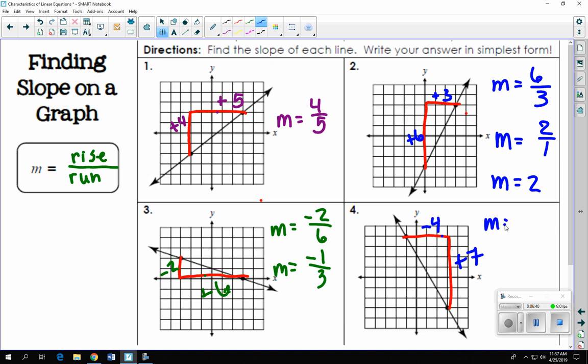My slope becomes negative 7 over 4. And all I did was take the negative and put it in my numerator here. If I did it the way going from left to right, I would drop 7 and run in a positive 4. It still will give me the same slope. So when you're looking at the slope of a graph, you are always considering your rise over your run.